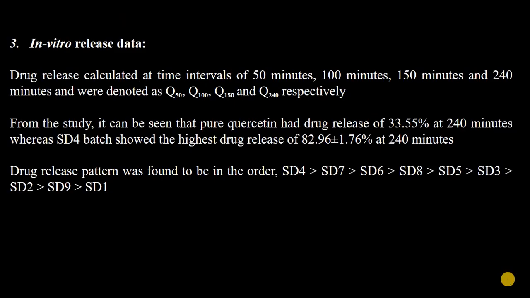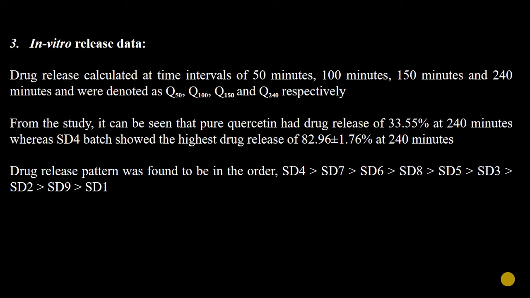The next is in vitro release data. The drug release was calculated at the intervals of 50 minutes, 100 minutes, 150 minutes and 240 minutes, and it is denoted like Q50, Q100, Q150 and Q240 respectively.